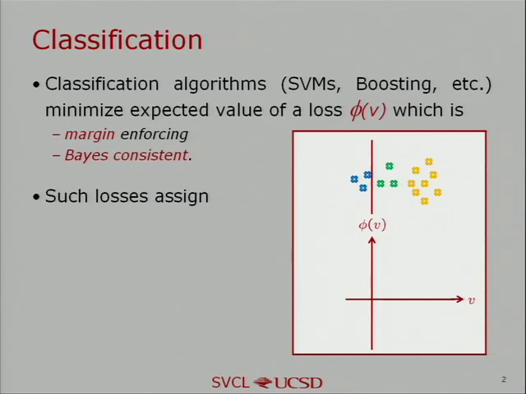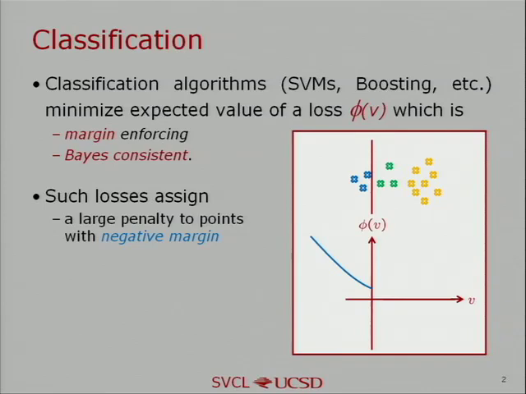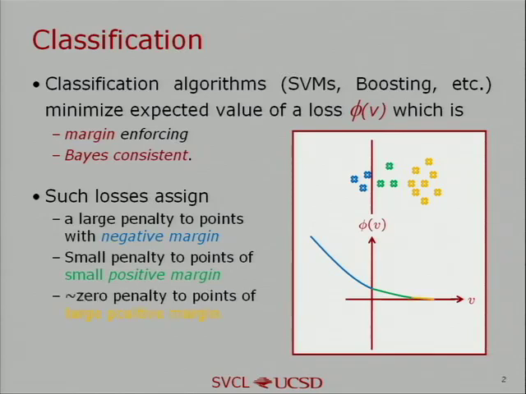Such loss functions assign a large penalty to points with a negative margin, and they generally assign a small penalty to points of small positive margin and zero or close to zero penalty to points of large positive margin.